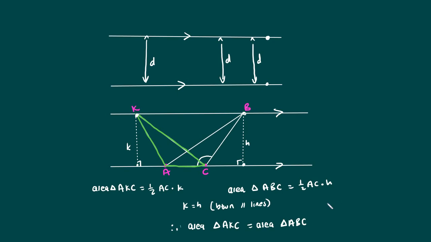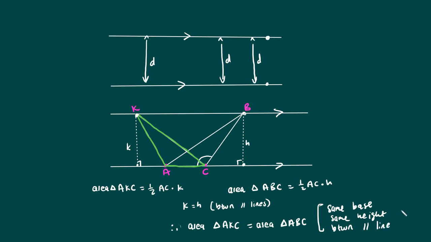Why are we saying this? This is because of this reason. Number one, these triangles have the same base. We can see that the base is AC, the other one is also AC. Number two, these triangles have the same height. Why do they have the same height? Because they are between parallel lines.